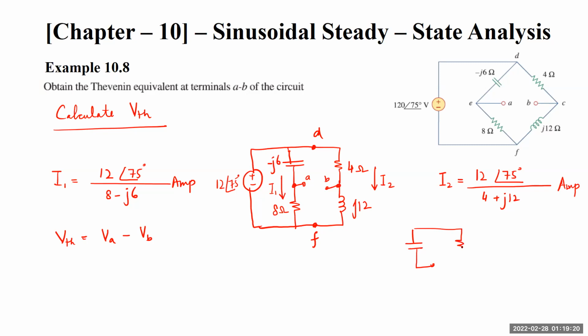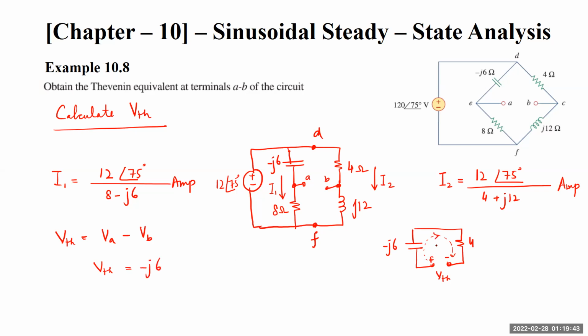This is the voltage we have to find, so this is V Thevenin, plus and minus. So if I have to write a loop equation, it would be something like this. So this equation would be V Thevenin equals minus J6.